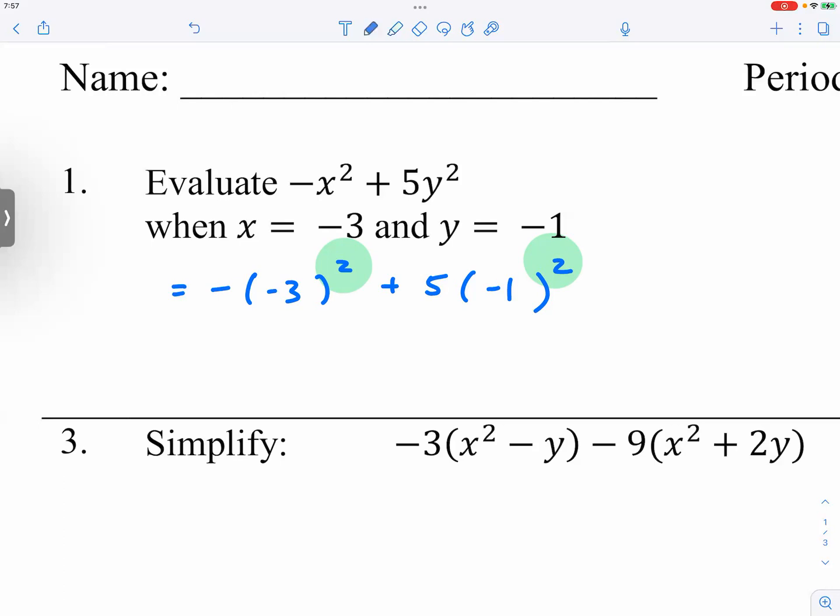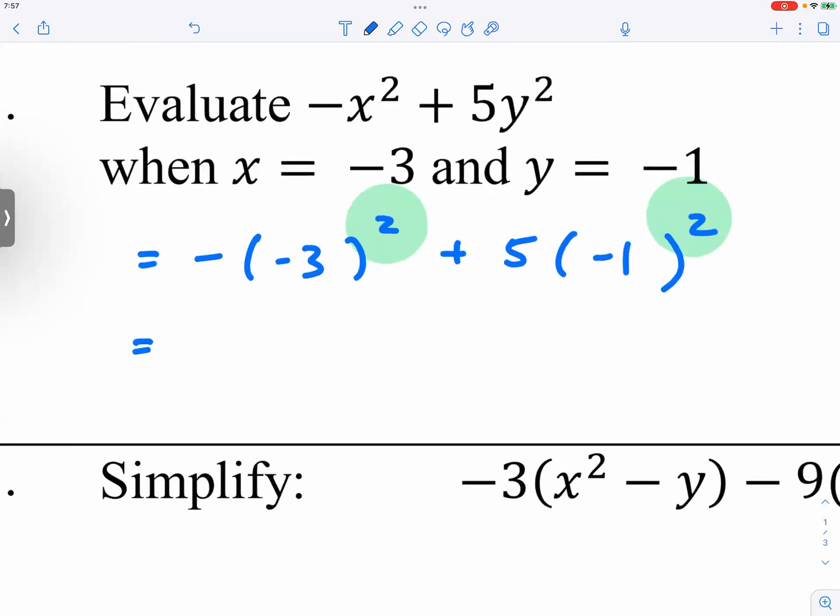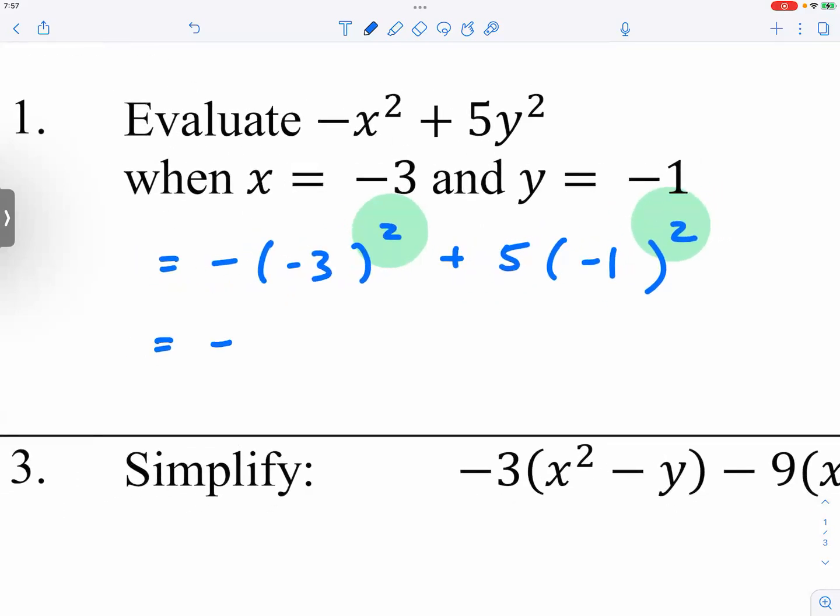Do not overinterpret. Understand what square means. Square means the item that sits right in front is being multiplied by itself. So the negative that sits in the very front is still there. It doesn't go away. It does not ever get distributed into it, never. Because PEMDAS, right? You have the parentheses, you have the exponent.